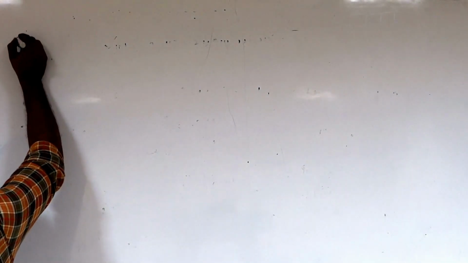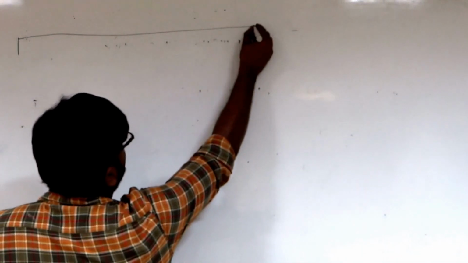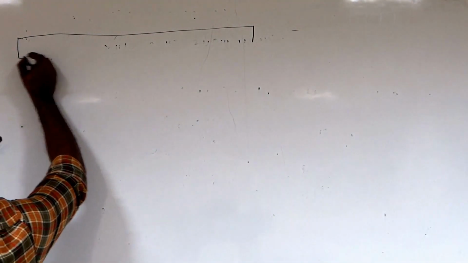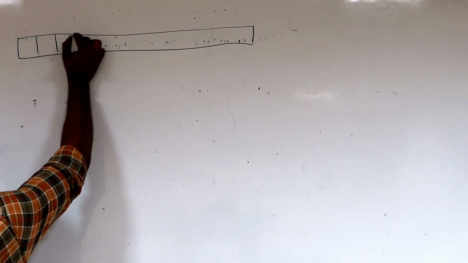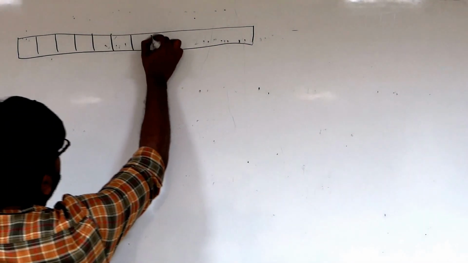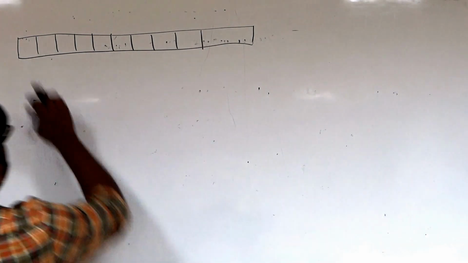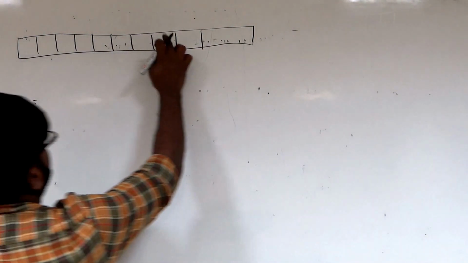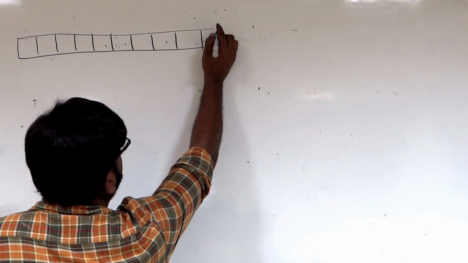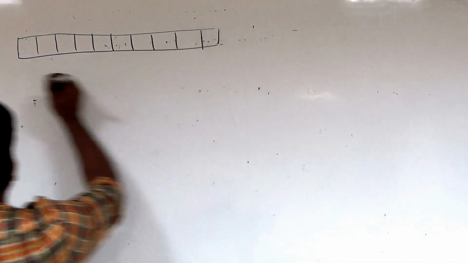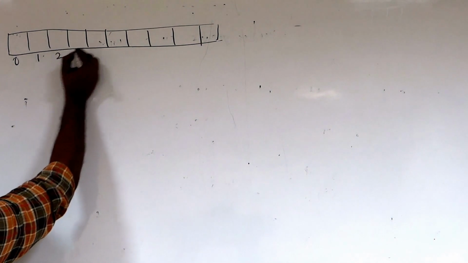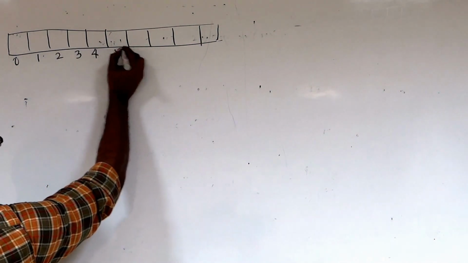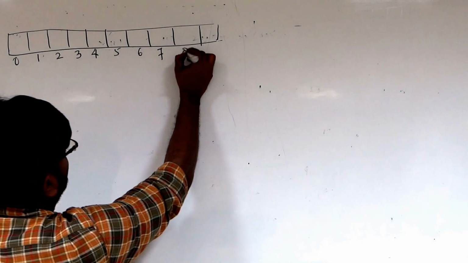If we have an array of size 10, with elements 1, 2, 3, 4, 5, 6, 7, 8, 9, 10, the name of the array is A. So this is the 0th index, first, second, third, fourth, fifth, sixth, 7, 8, 9.